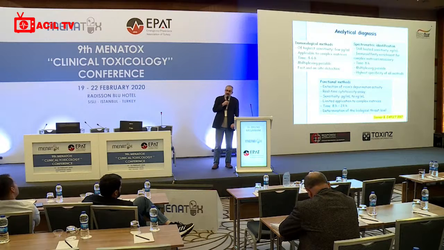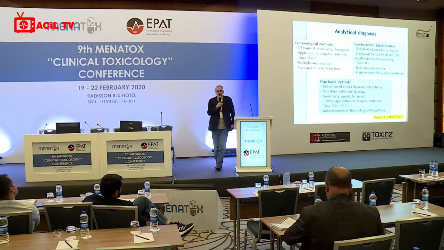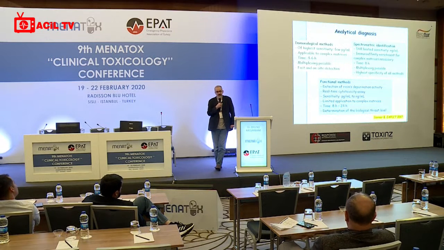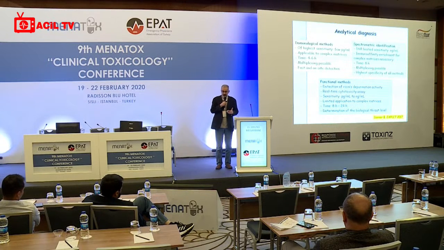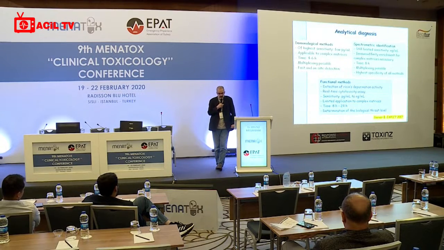Diagnosis is difficult because, as you understood, there are no specific manifestations. Generally, the patient will come with cardiovascular failure and hypovolemic shock, or multi-organ failure. So it's difficult to diagnose if the history is not clear. It is difficult to diagnose ricin poisoning.